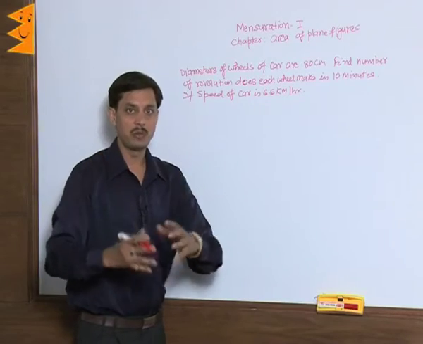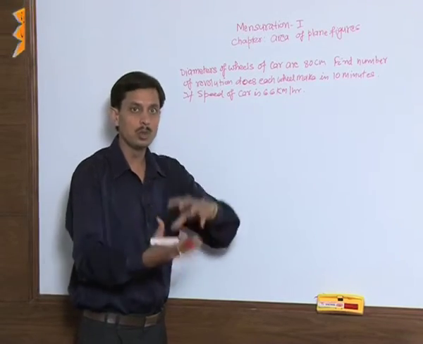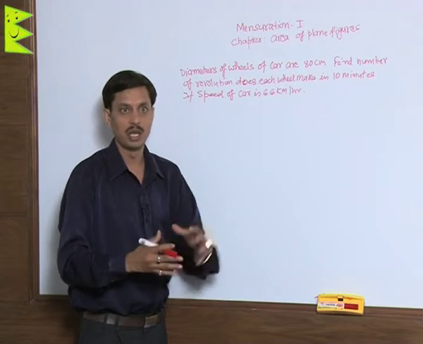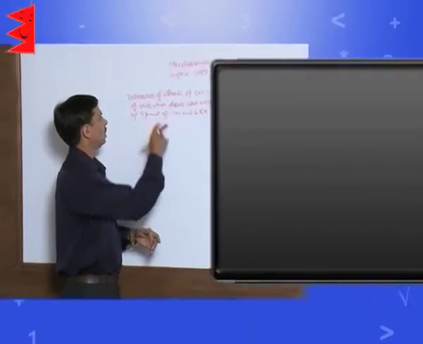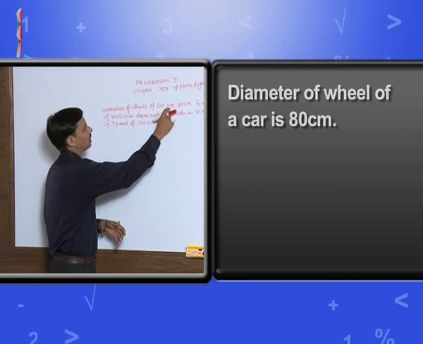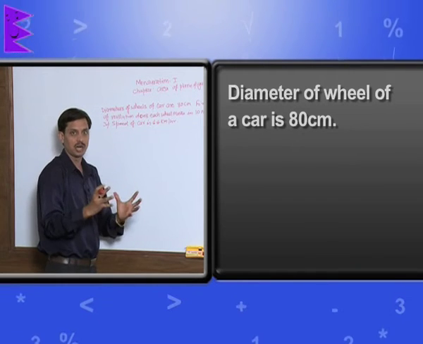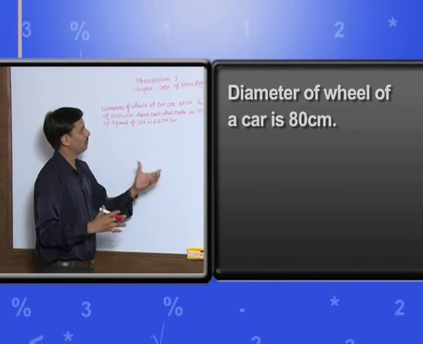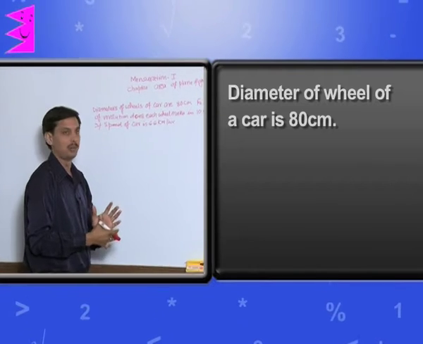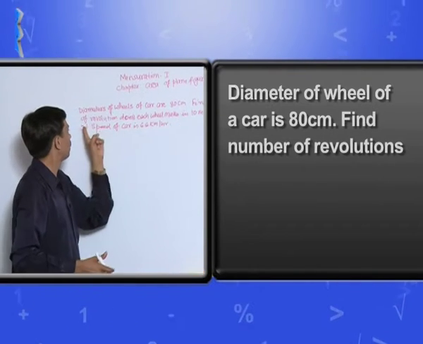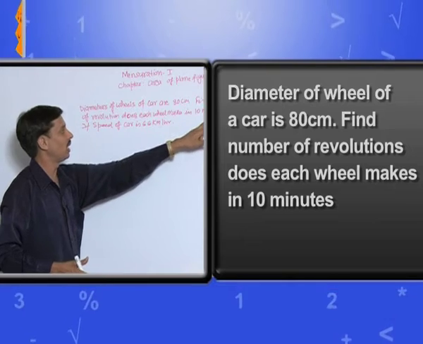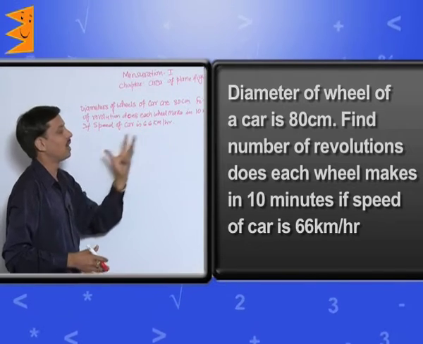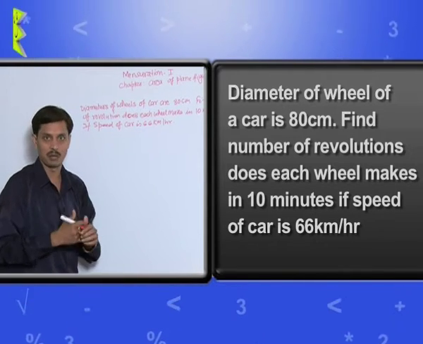Now I will explain how to make use of these formulae for solving the problems of mensuration. The diameter of the wheel of a car is 80 centimeter. There is a car with 4 wheels, and the diameter of each wheel is 80 centimeter. Find the number of revolutions each wheel makes in 10 minutes if the speed of the car is 66 kilometer per hour.